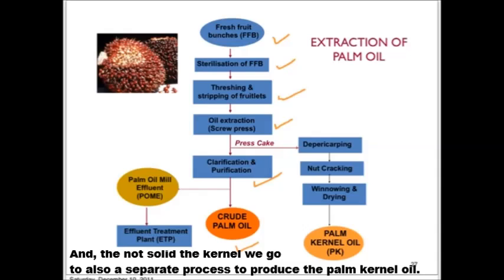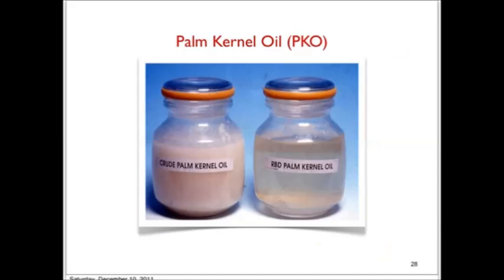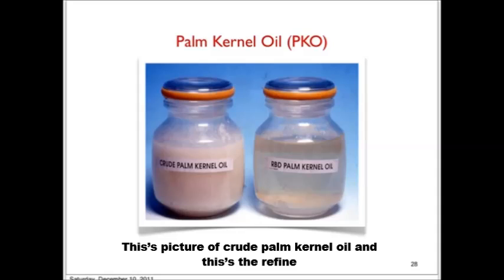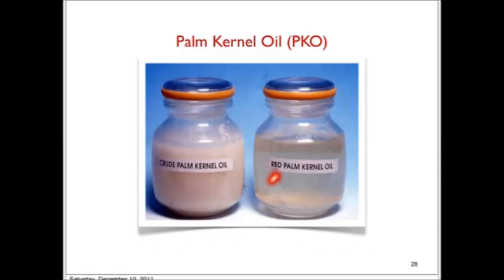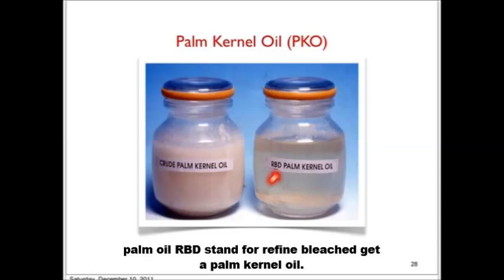And the kernel will also go through a separate process to produce the palm kernel oil. This is a picture of crude palm kernel oil, and this is the refined palm oil. RBD stands for refined, bleached, deodorized palm kernel oil.